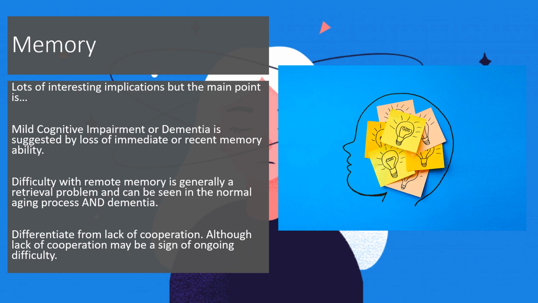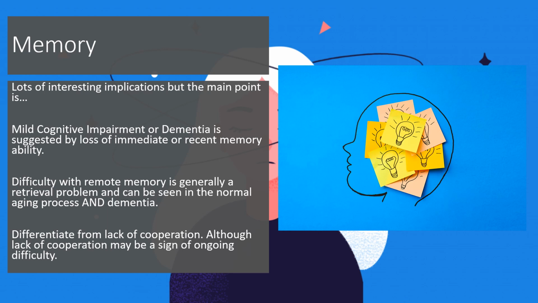That's in contrast to patients that just have a normal aging process and tend to forget things. So someone that keeps misplacing their keys, is that dementia or is that the normal aging process? It's kind of difficult to tell, but if they're having a problem with recent memory or immediate memory type recall and that's consistent, that's definitely mild cognitive impairment or dementia. Okay.